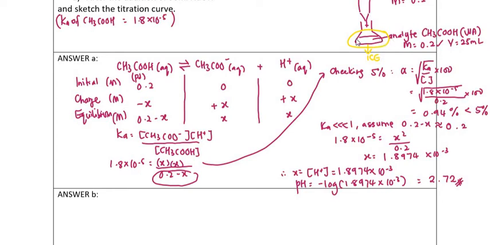You have to refer to what solution remains in the conical flask. I use an ICE table because the solution in the conical flask only has weak acid.